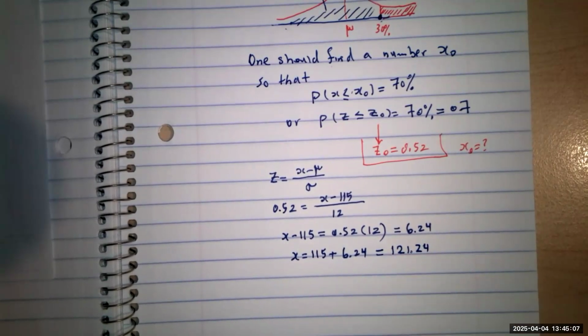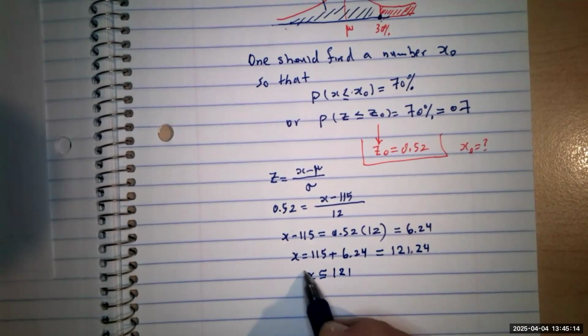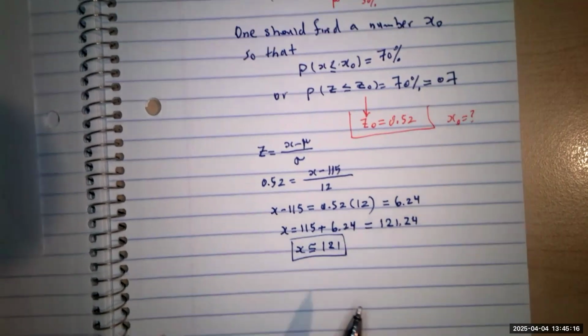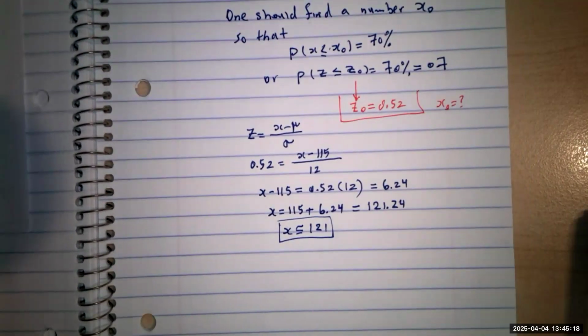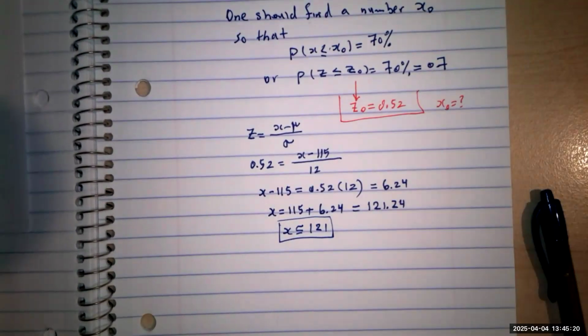Since it's a score, you can round that. So your x is going to be almost 121. This is the least score that you need to be able to qualify.